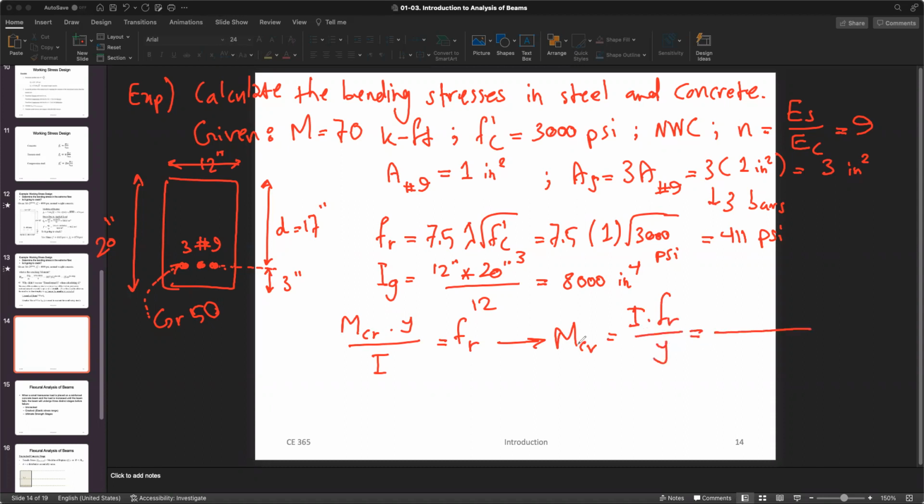This I would be Ig, the gross moment of inertia, because we are assuming it is not cracked yet. So it is 8,000 times fr, which is 411 psi, over y. y would be the half, right? This is the neutral axis, so y would be 10 inches, correct? Okay.